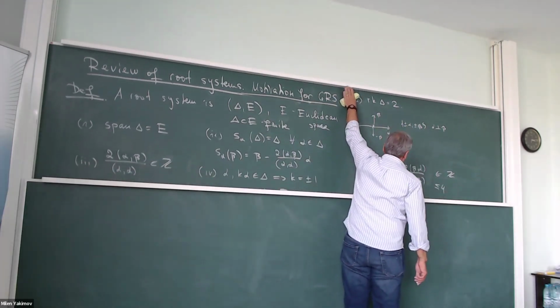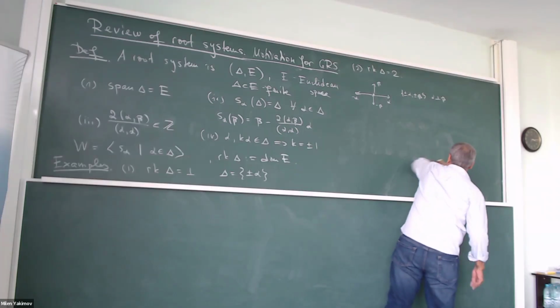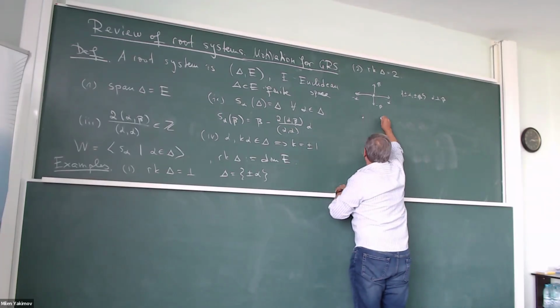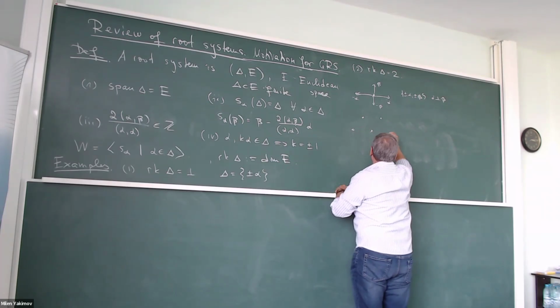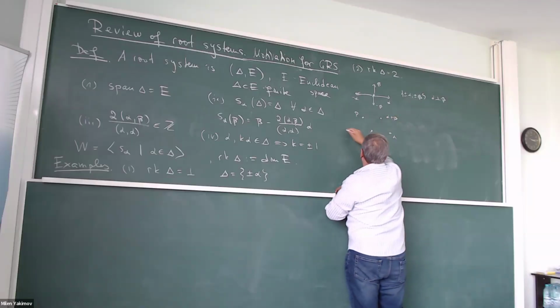I will not prove this because I will not follow the full argument. The second one is the vertices of a regular hexagon: alpha, beta, alpha plus beta, and the opposites.